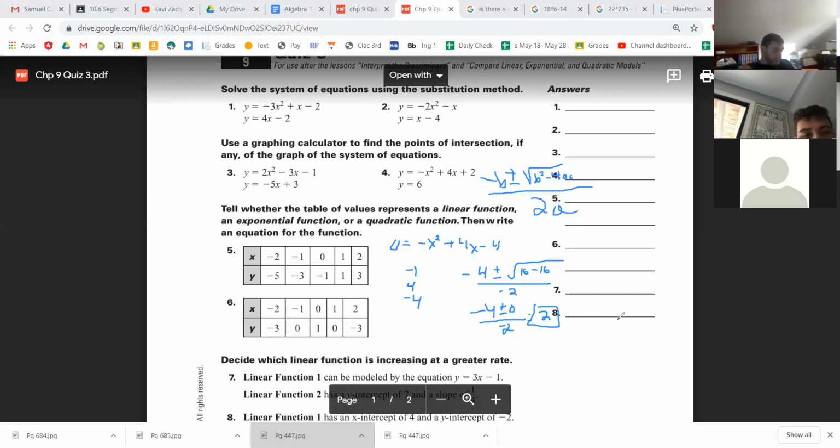So wait, what do you do afterwards? Because it becomes negative 4 plus or minus the square root of 0 over negative 2. Good. Now you will notice if you plus or minus 0, it'll get you the same answer, right? Yeah. So there's only one unique answer. So in this case, negative 4 over negative 2 is what? 2, positive 2. So you only have one x in this case, which is positive 2.